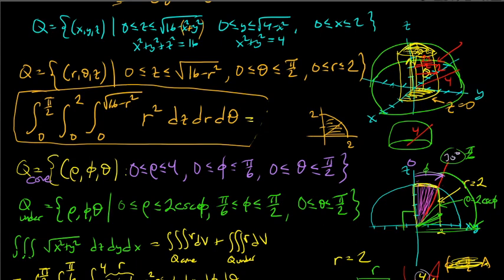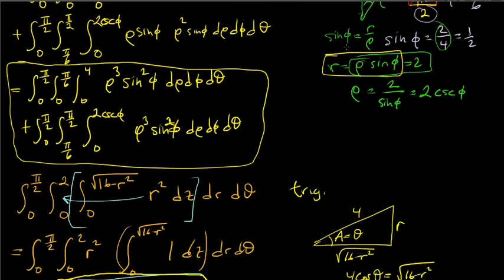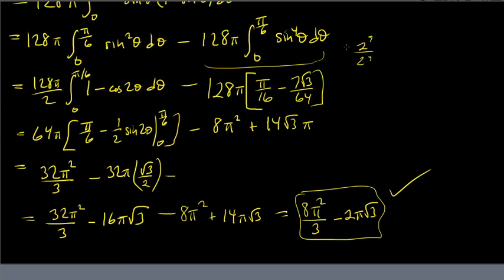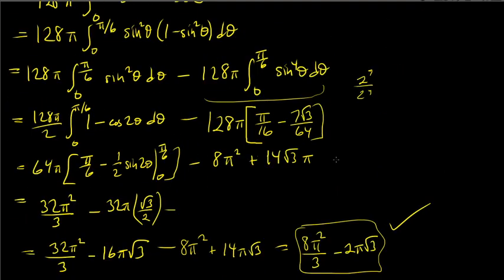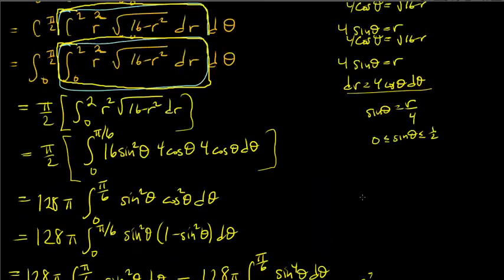What was it? Yeah, 8 pi squared over 3, and then minus 2 pi square root of 3. Oh, I messed that up, but okay, so that's the integral. There it is way at the bottom here. So it took up the whole screen.